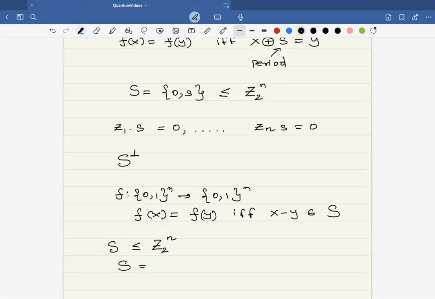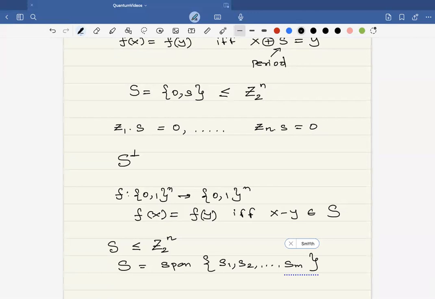So S is the span of S1, S2, and Sm. So our goal is to find this basis of the m-dimensional subspace S.